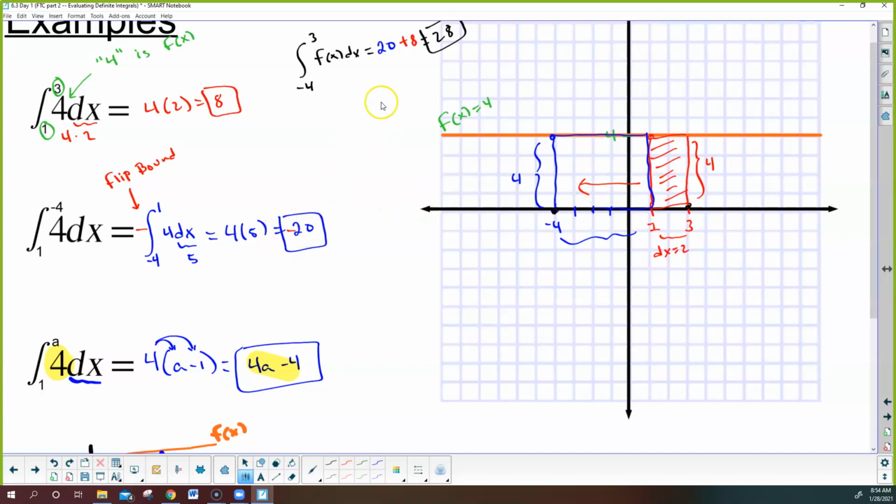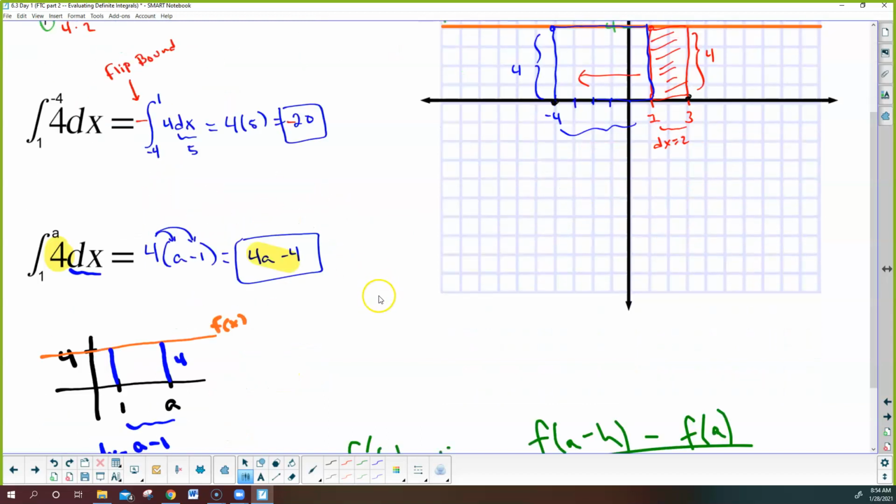Now that actually does not change this answer up here, because this interval said start on the left at -4 and go all the way to the right. So this answer is 20 plus 8 is 28. But because they wanted the bounds flipped, that's what made this negative. It doesn't change the amount of space it takes up. It's just the direction that we calculated in. So thank you, Jonathan, for catching that. Okay.